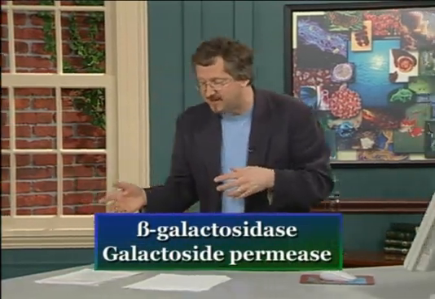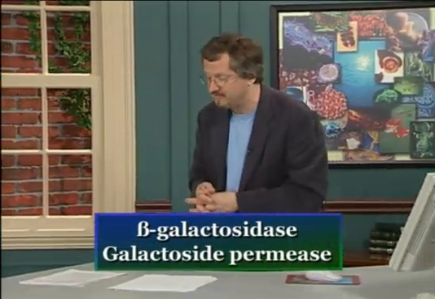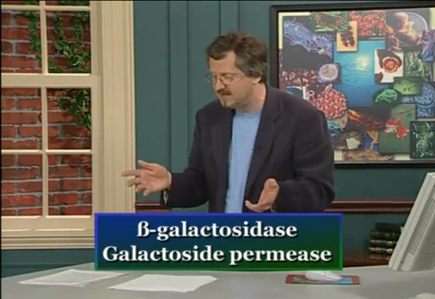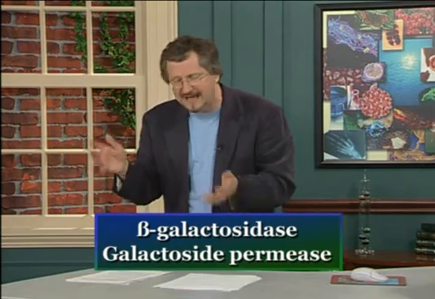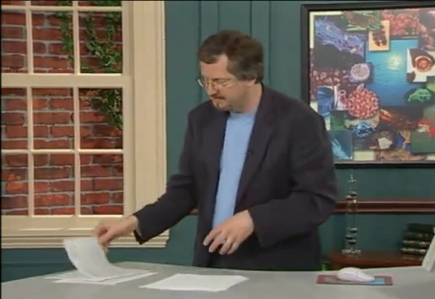We saw an example of this when we talked about gene regulation of the lac operon in prokaryotes. Remember, the enzymes beta-galactosidase and galactoside permease are necessary to break down lactose, for lactose to be digested, but these genes are only allowed to be transcribed when lactose is present. So the genes themselves are turned on and off.